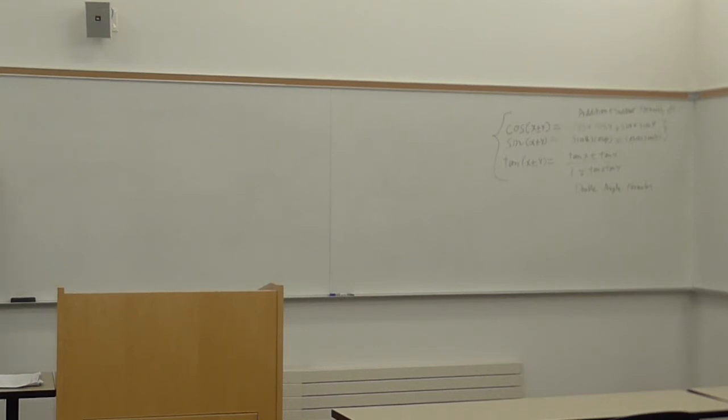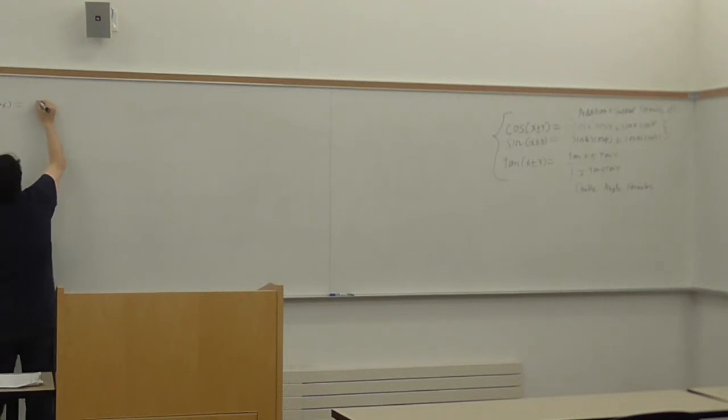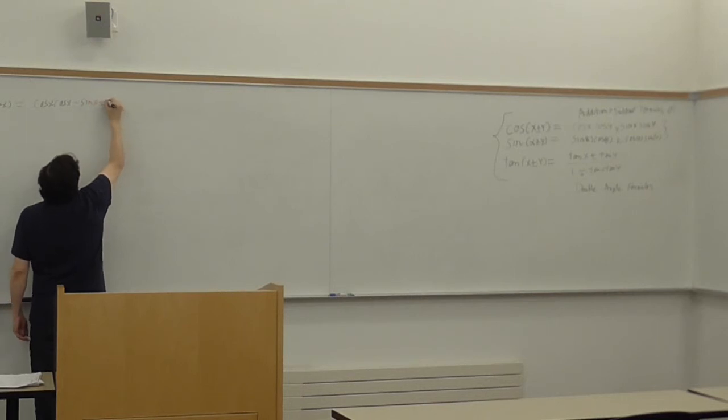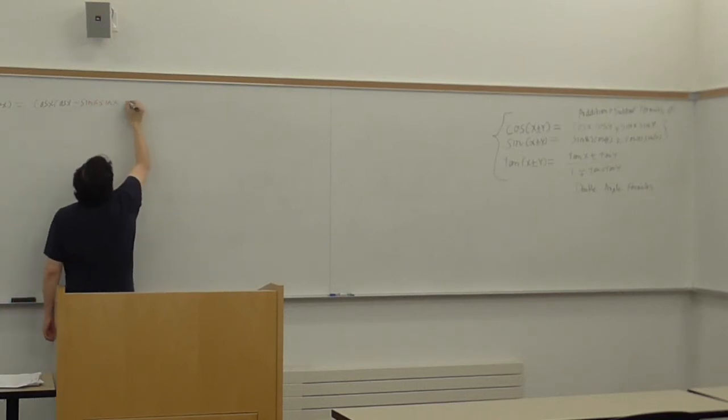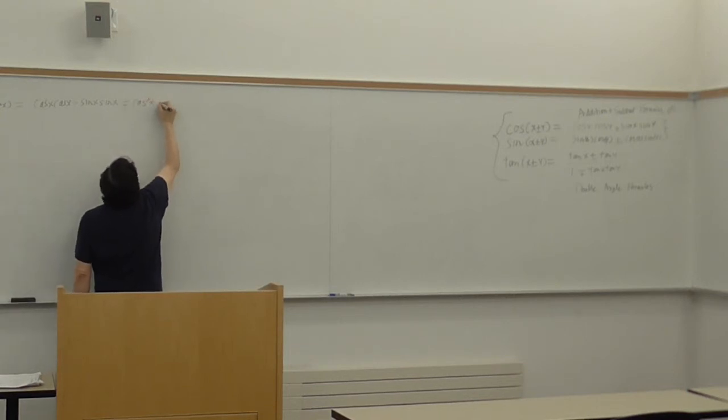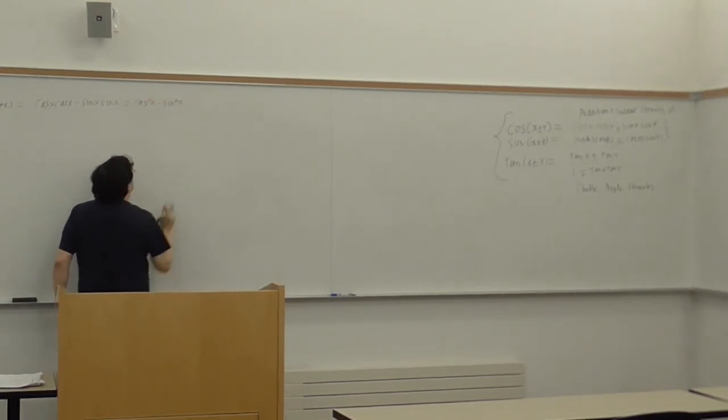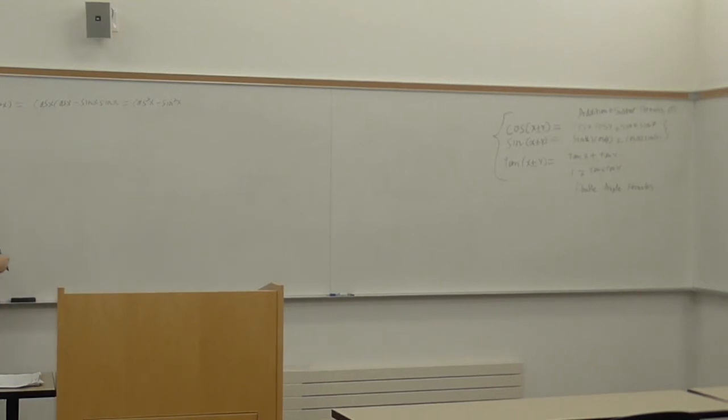Well, that's just the cosine of x plus x, which we know to be cosine x cosine x minus sine x sine x, or cosine squared x minus sine squared x. Turns out this formula is going to show up a lot in calculus when you're doing calculus on trig functions.